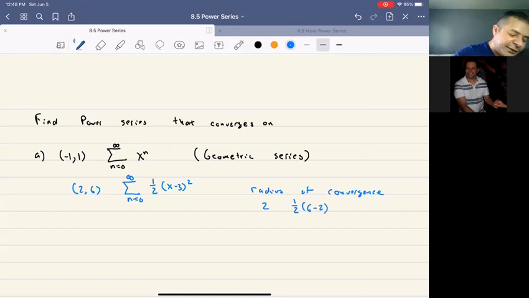And the center is 3, and that's given by one half of 6 plus 2. That should have been x minus 4, huh?